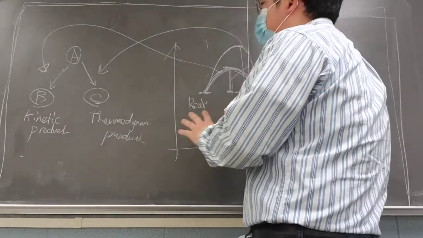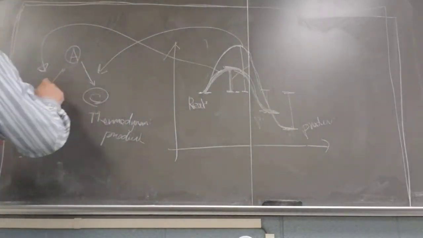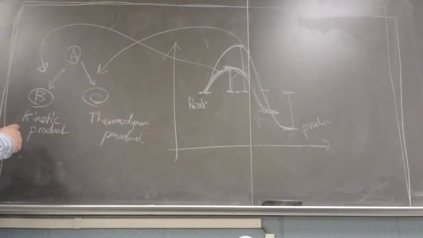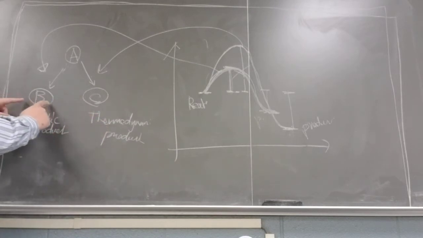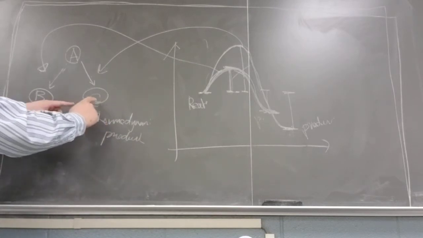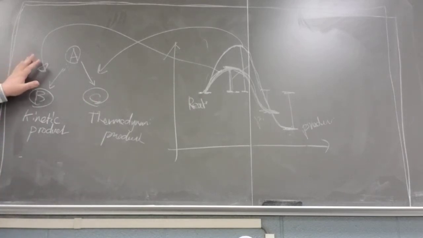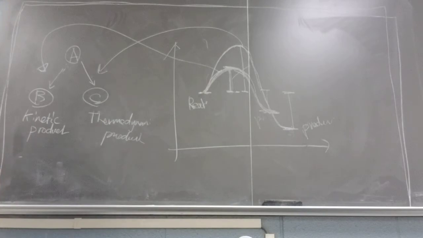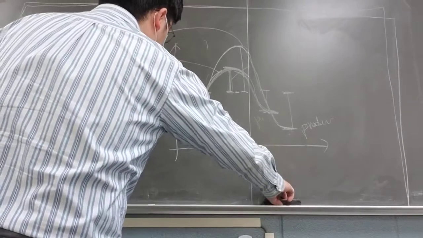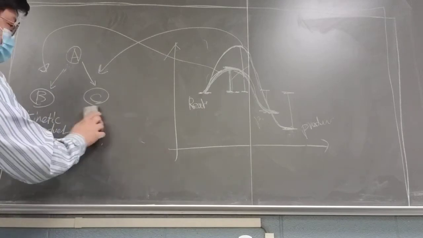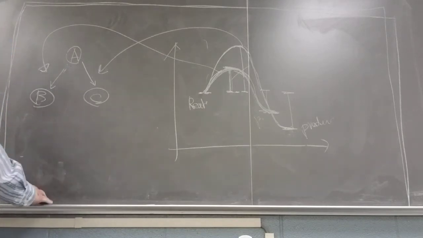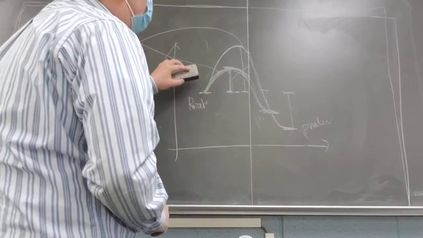So in these two scenarios, when you have two possible products, kinetic control and thermodynamic control, this will become major and minor in two different scenarios over here. Okay? So let's talk about the kinetic one first.